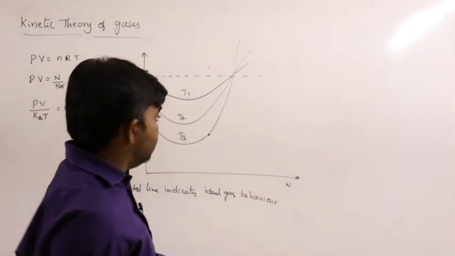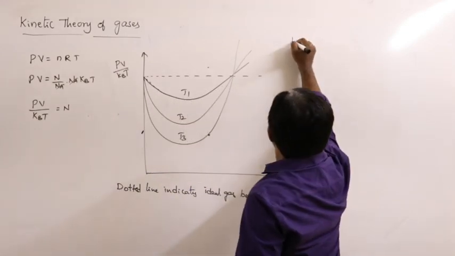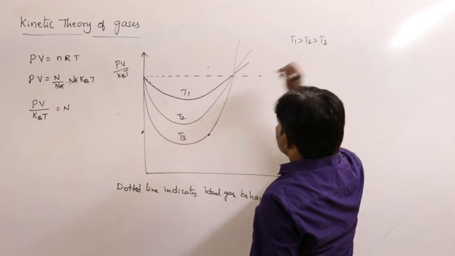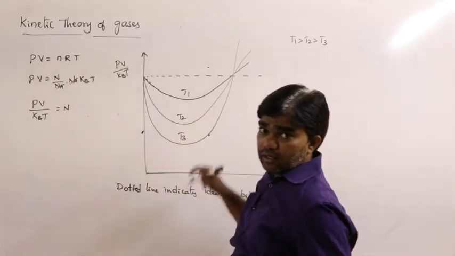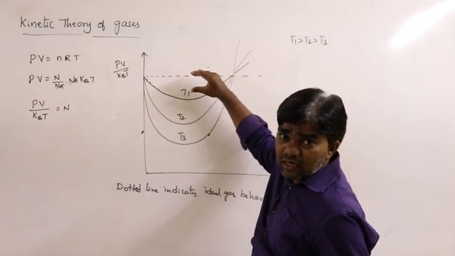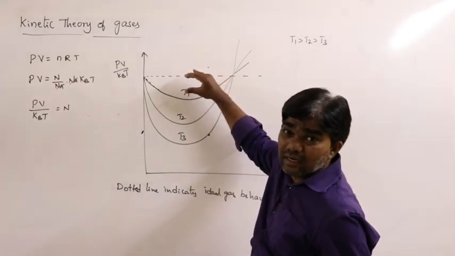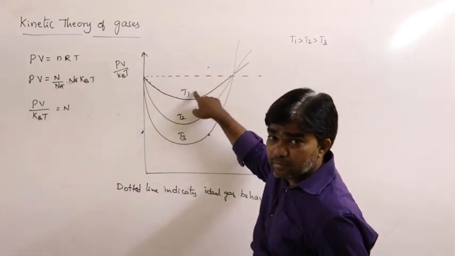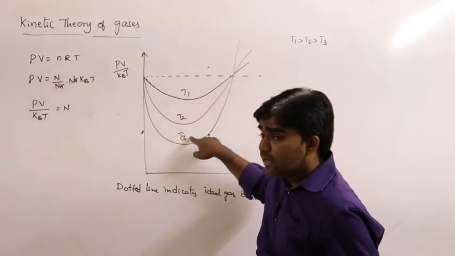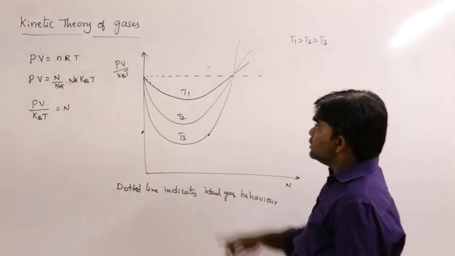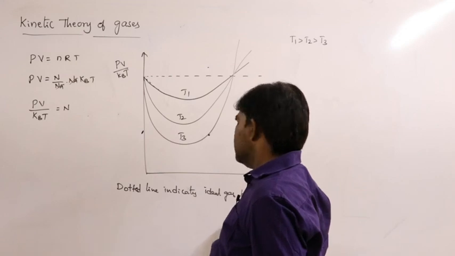So that's why, based on this, T1 is greater than T2 is greater than T3, because at high temperature the gases nearly behave as ideal gas. That's why here the temperature is more, and then this temperature, next this temperature. That is the situation. This dotted line indicates ideal gas behavior.